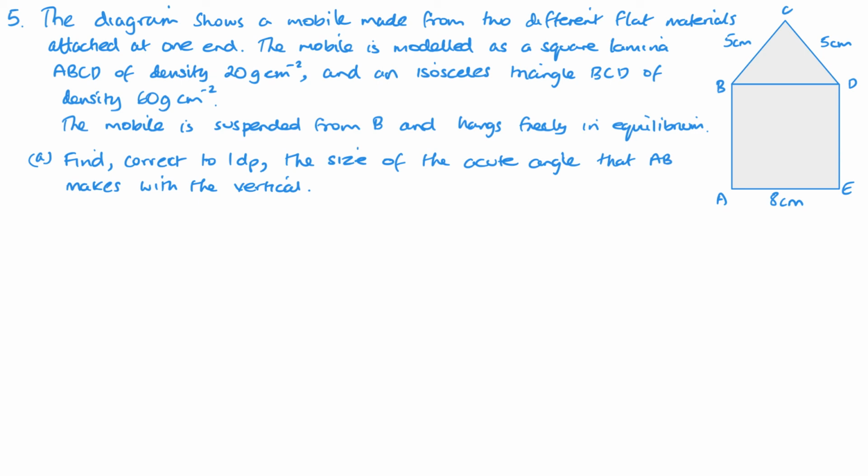So first, we need to find the centre of mass of this shape. The centre of mass of the square will be nice and easy, isn't it? It's going to be right in the middle here, which is 4 across, 4 up. And of course, this one is going to be something similar.